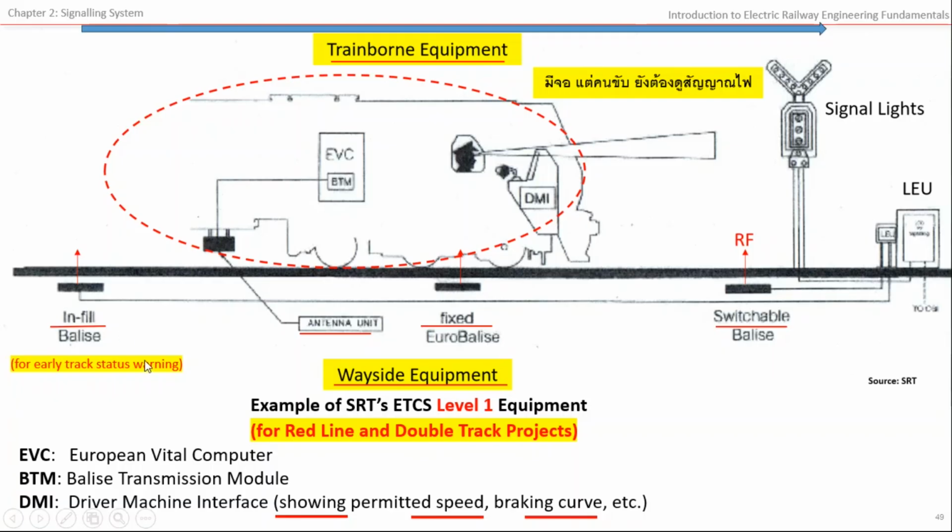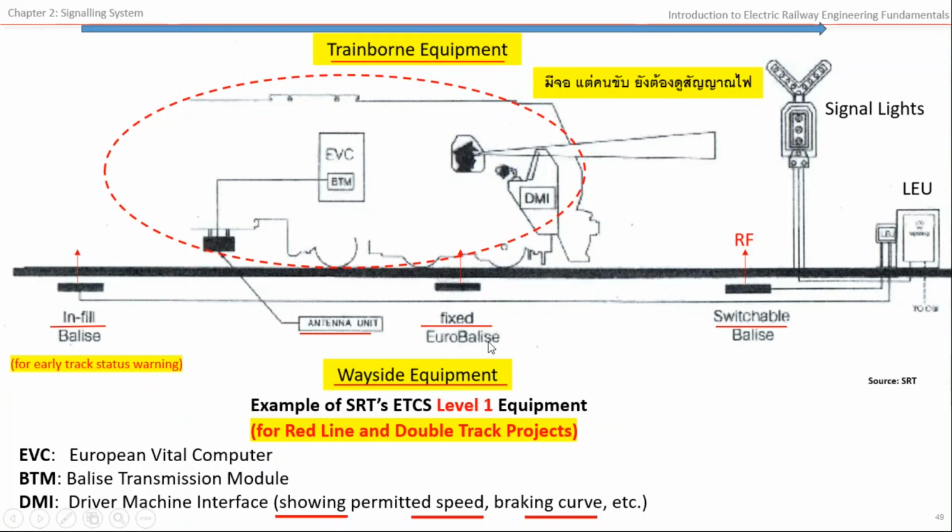And this picture shows the onboard ETCS system. They call it the European Vital Computer, and the train has an antenna unit here to pick up the signal. This is the infill balise. The infill balise will tell in advance the status of the next track.